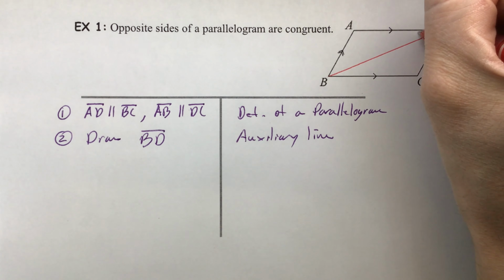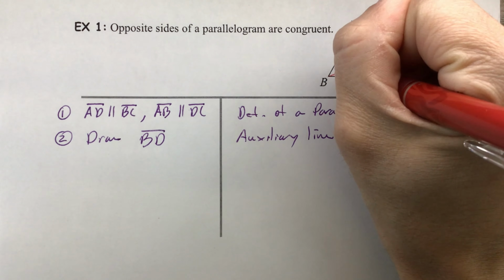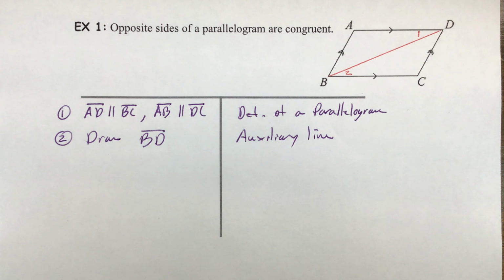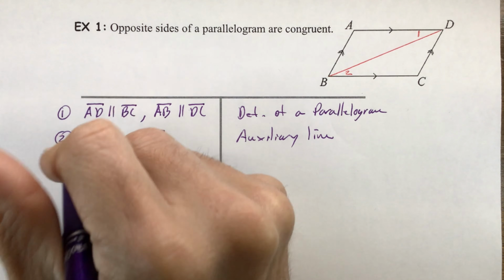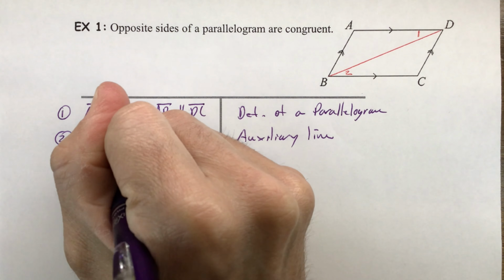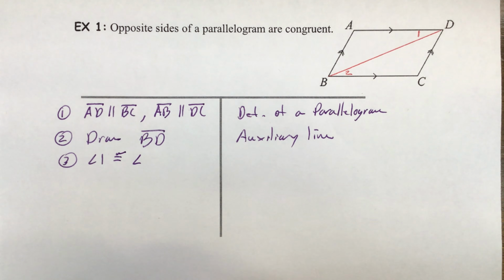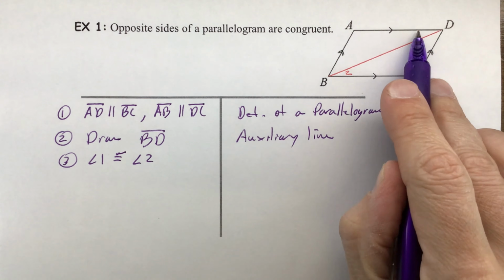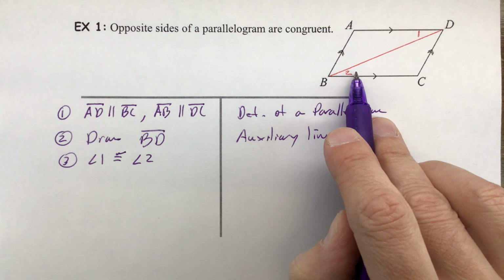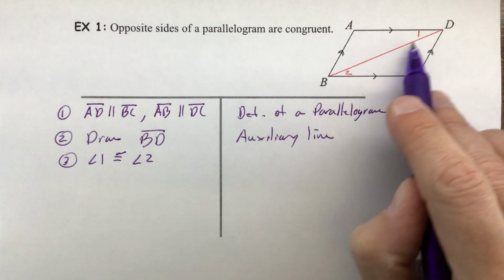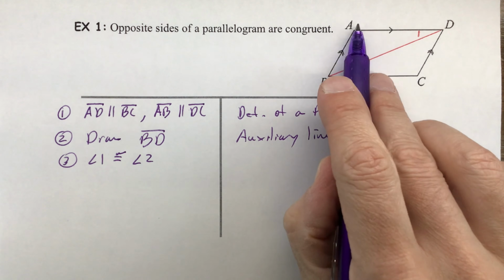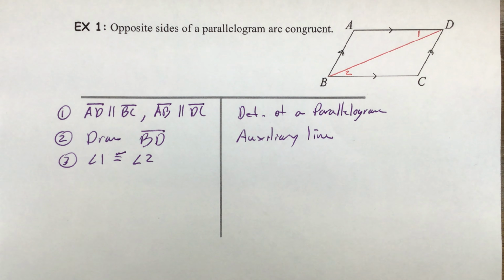I'm going to call that angle 1 and that angle 2. Okay, and for line 3, angle 1 is congruent to angle 2. These are actually the same size. And the reason that we know that is because BD is a transversal with AD and BC being parallel lines.